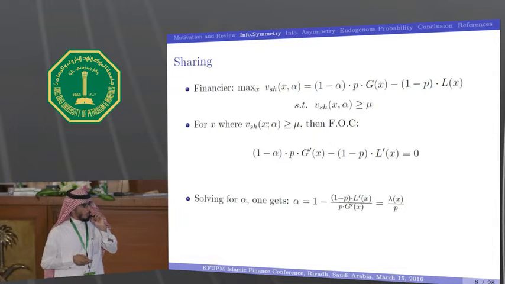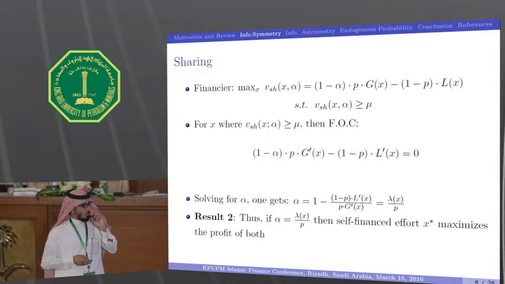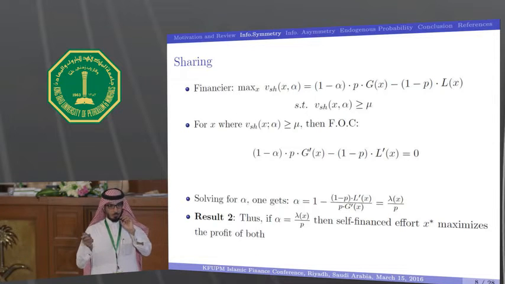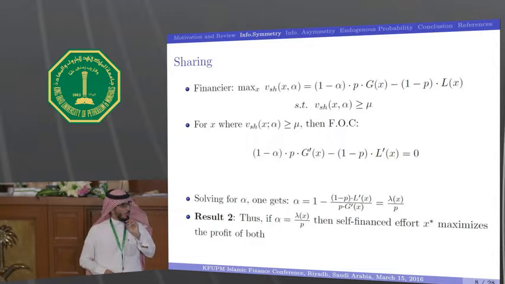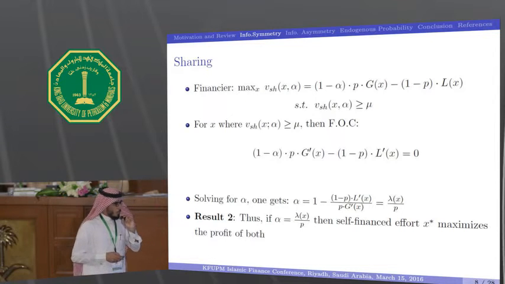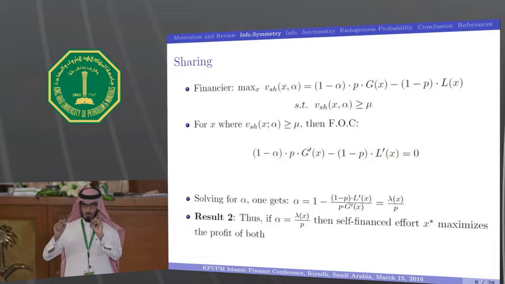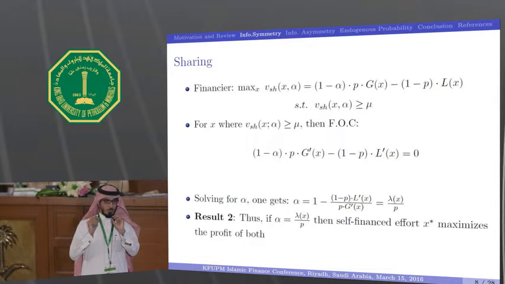If we choose this sharing rule, then self-financed effort will maximize the profit of both financier and entrepreneur. So by choosing the right sharing rule, we get rid of the inefficiency problem, in the sense that the entrepreneur will exert the same level as he would if he is fully self-financed.